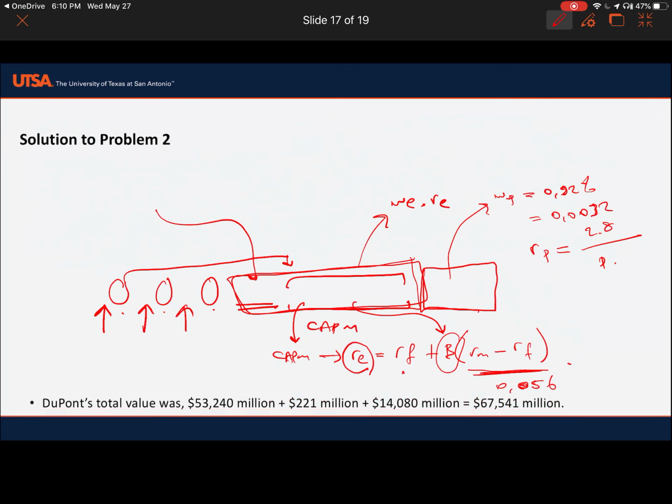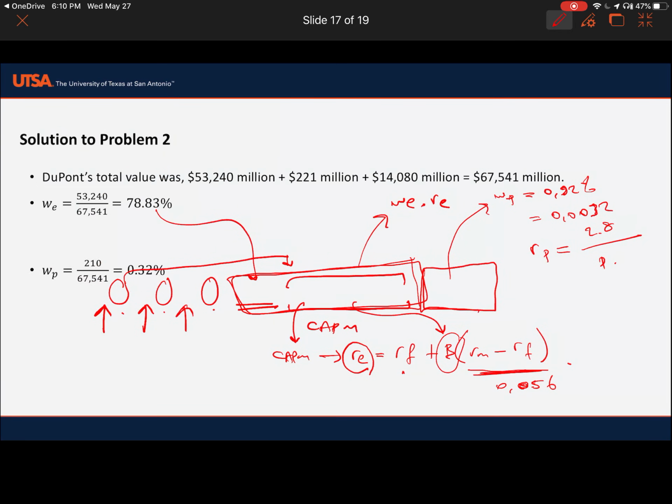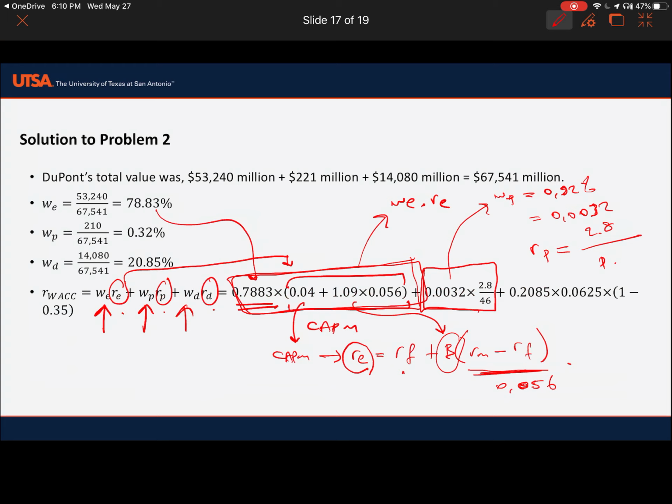So this is the cost of preferred stock, dividend over price of preferred stock.